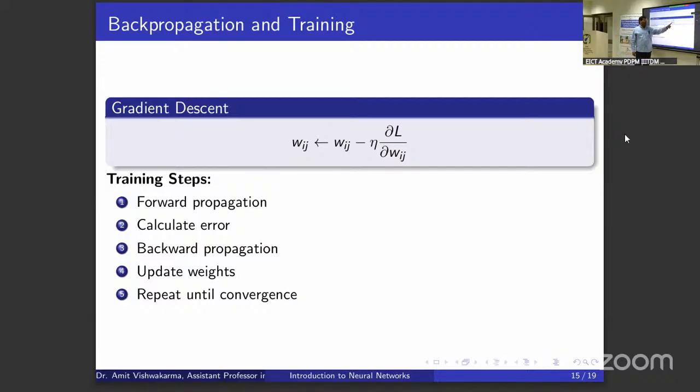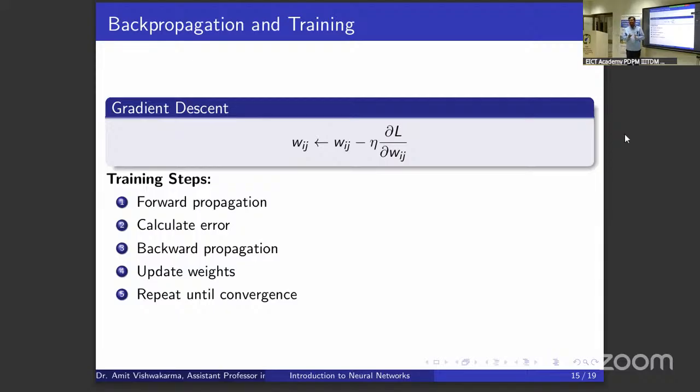Whatever MSE we are obtaining, I have to differentiate this MSE function. If I want to update W11, I have to differentiate with respect to W11. If I am going to update W22, then I have to do partial differentiation with respect to W22.